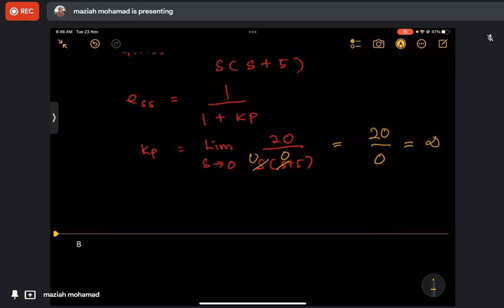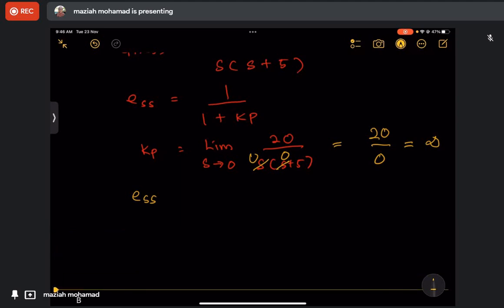Therefore, the steady state error is equal to 1 over 1 plus infinity, which is equal to 1 over infinity, which is equal to 0. Right, so that's how we prove it. For class 1, the steady state error is 0.